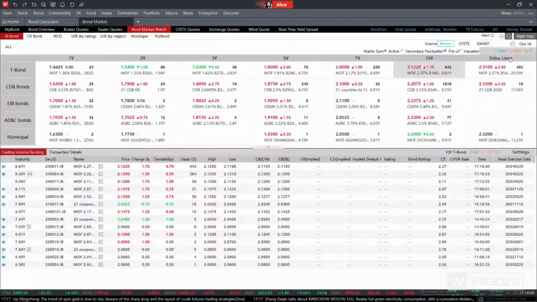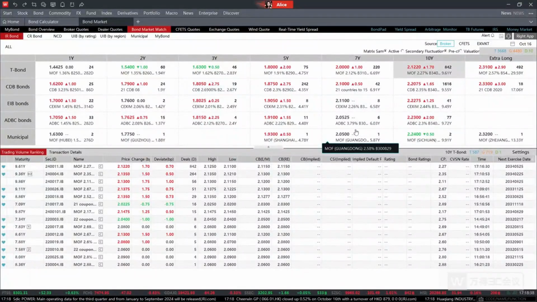So we can see today, the given is larger than the taken. So it means that the selling power is larger than the buying power. More traders are willing to sell the bond in today's sentiment. So it is also a good reference for the bond trader to find the feeling or even the sentiment of the whole bond market over here.